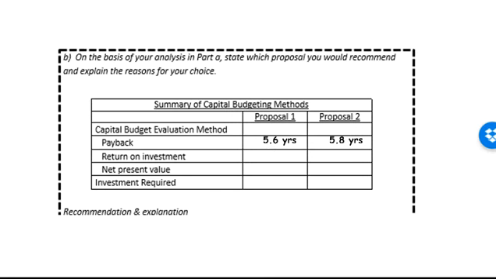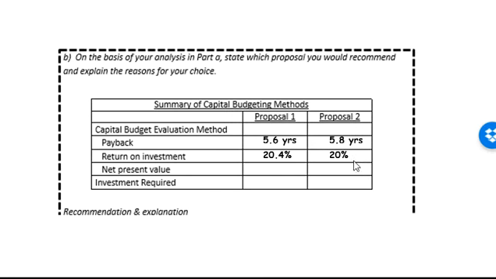In proposal 2, the payback was 5.8 years. So in theory, we'd probably pick proposal 1 over proposal 2 because we get our payback quicker. Return on investment: proposal 1 was 20.4% and proposal 2 was 20%. Again, we'd probably pick proposal 1 because its return on investment is a bit higher.